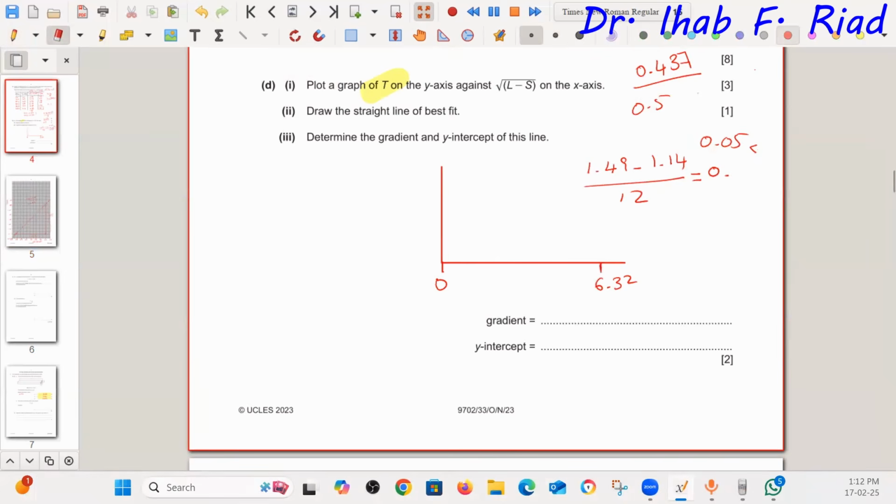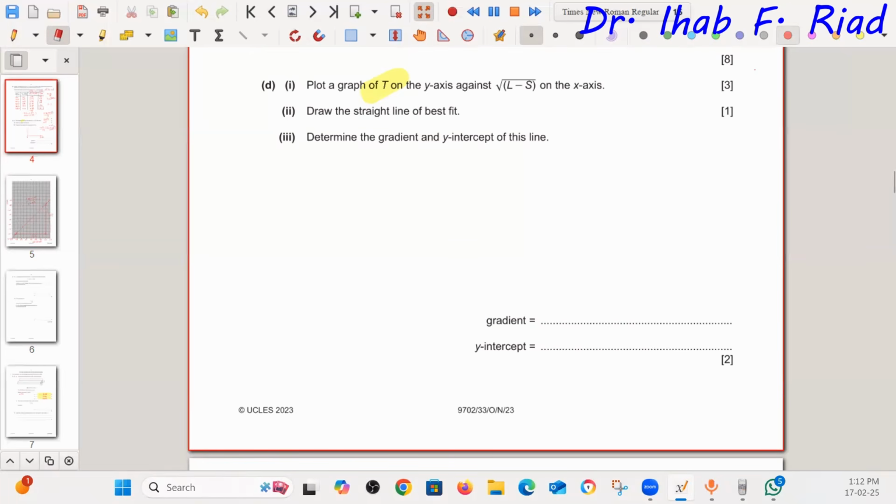Let me clear this off. So gradient is equal to 1.46 minus 1.15, 6.0 minus 2.9.